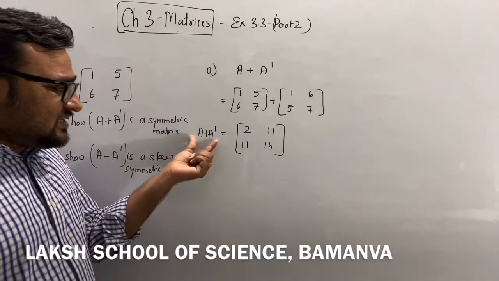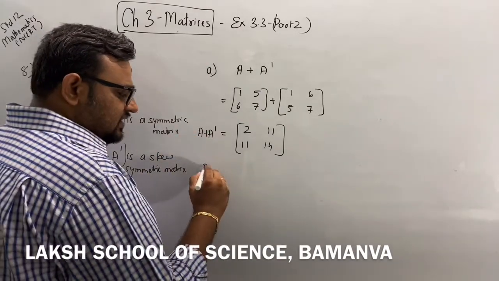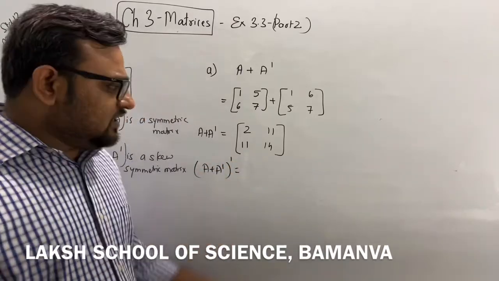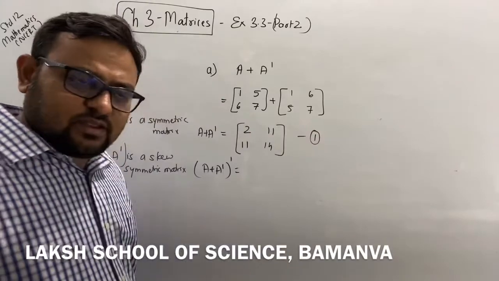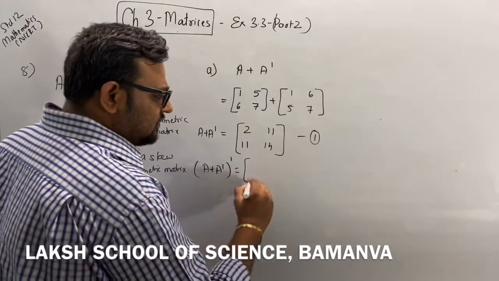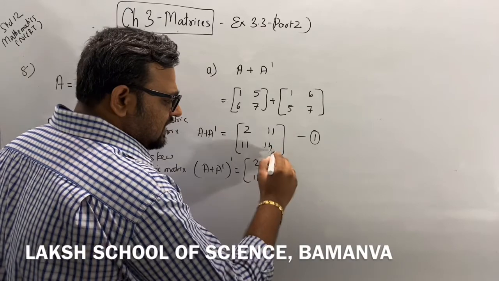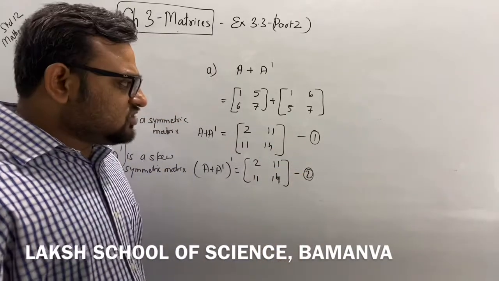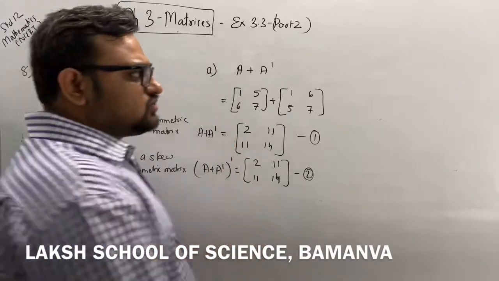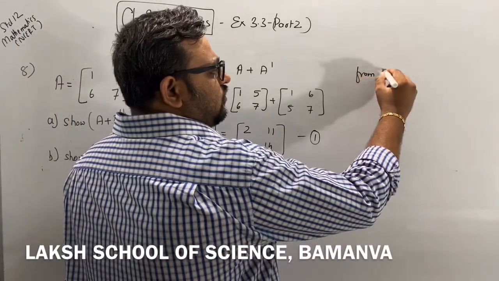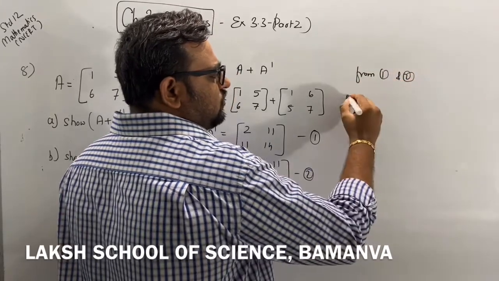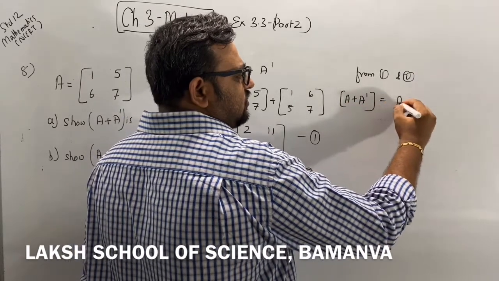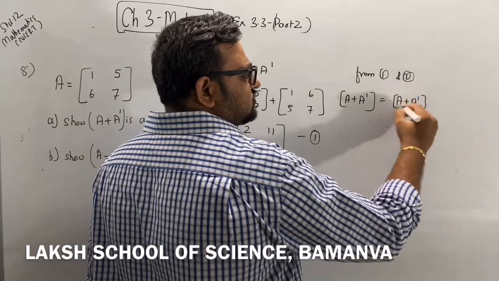Now let's take the transpose of this: A plus A transpose whole transpose. Name the earlier one as 1. Now convert these rows to columns: 2, 11, 11, 14. This is 2. Now what can you see? Both are the same. So from 1 and 2, A plus A transpose is equal to A plus A transpose whole transpose.